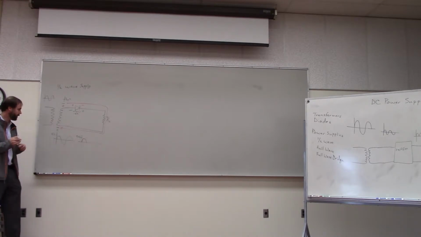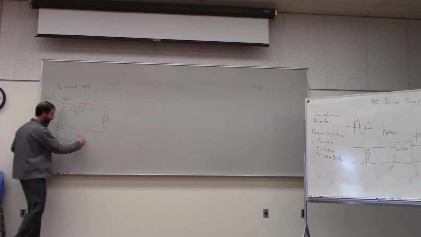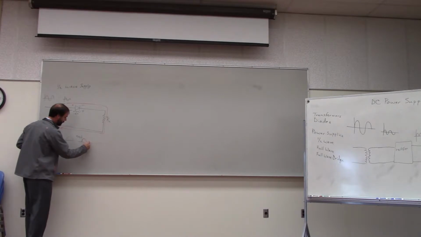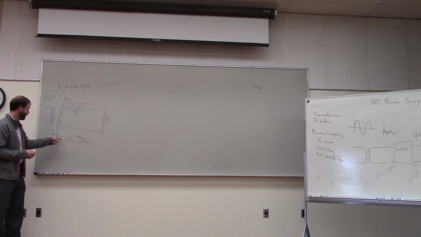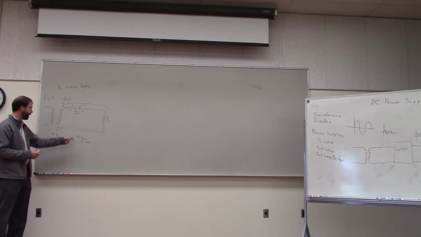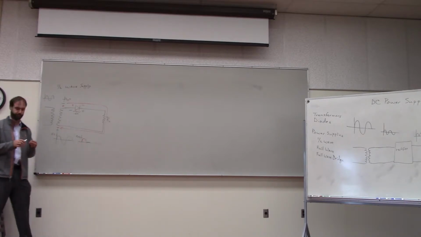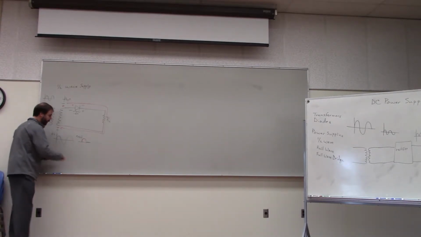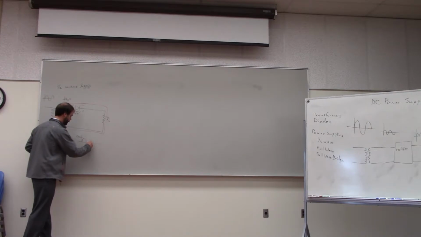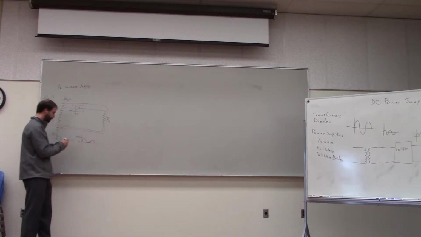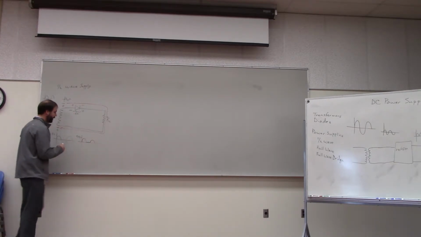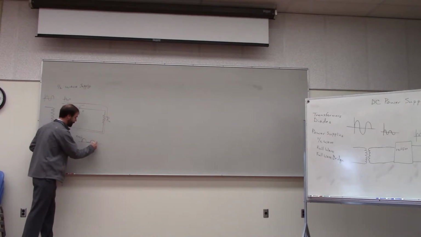No, exactly. So that means that our output is just going to be flat at that point. So when the input voltage goes negative, the output is flat. So our output wave looks like this. We capture the positive half of the signal, but the negative half of the signal is just flat. Okay?